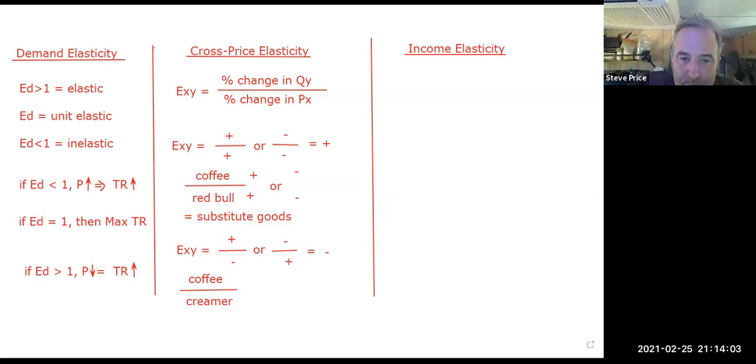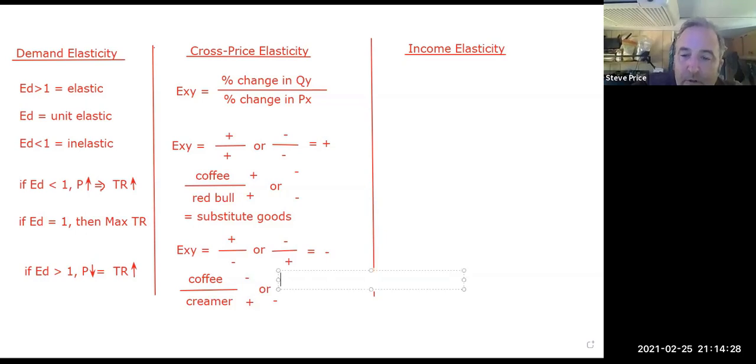So if creamer goes up to $100, then of course, some people who need creamer in their coffee just aren't going to be able to afford coffee, and so coffee demand will go down. Or creamer is being given away for free. If creamer is being given away for free, then people who like creamer with their coffee are going to buy more coffee.